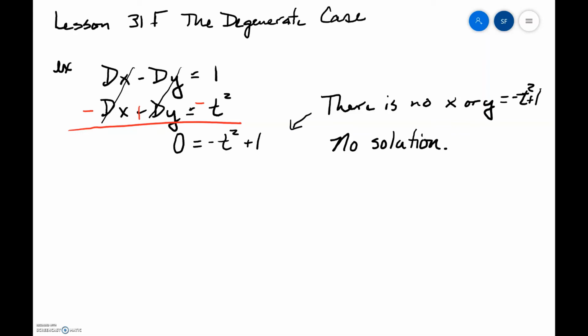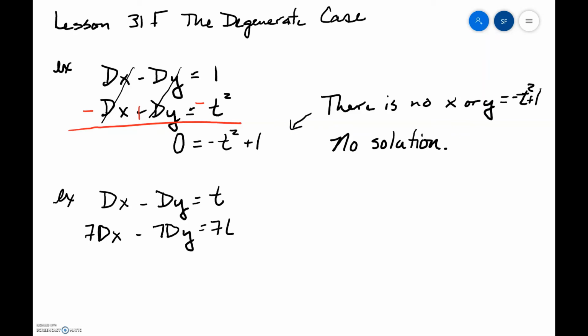Let's get another example. What if I change this slightly, say the derivative of x minus the derivative of y equals t in this case, and then my second equation is 7 times the derivative of x minus 7 times the derivative of y equals 7t. Again, we multiply the bottom one by a negative 1 and the top one by a 7.